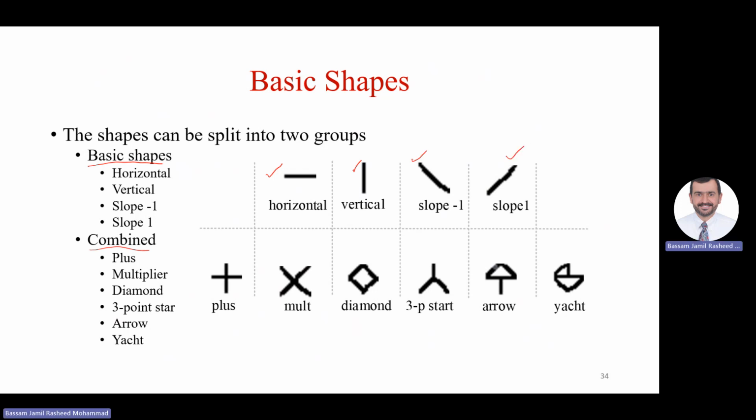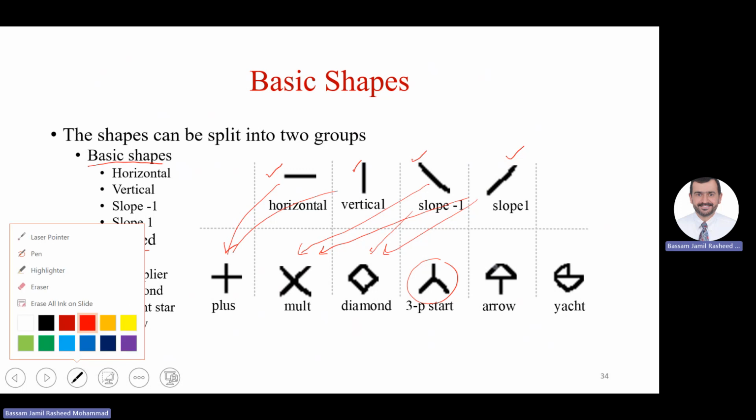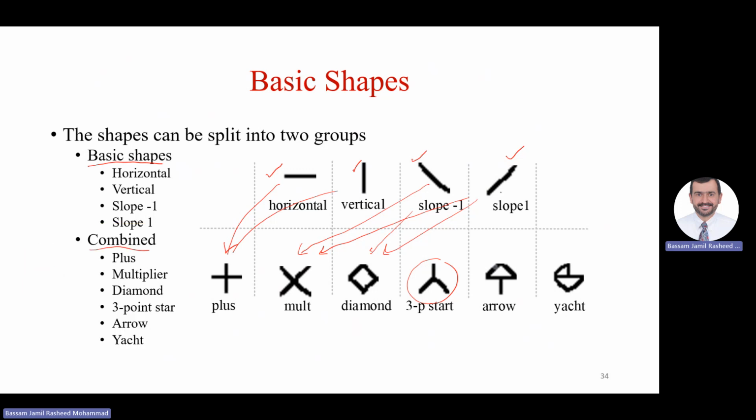Then I have the combined signs: the plus sign combines these two, a horizontal and a vertical. The multiply combines these two, and the diamond combines these two. And this one here combines, let's use a different color, this, this, and the vertical line. You can see what the idea is here.